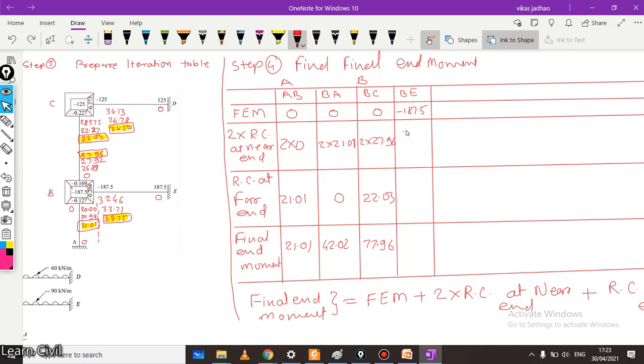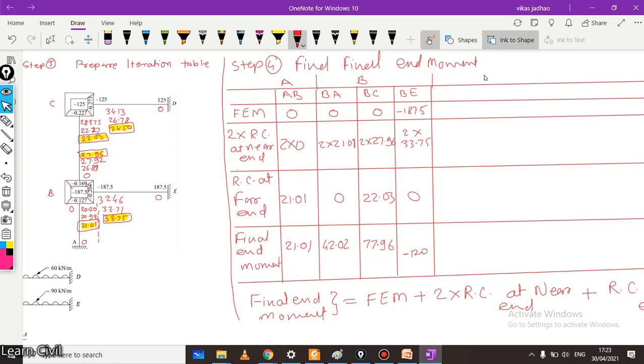So 2 into 33.75. Rotation contribution at far end is 0. So write down this as 0 here, and total final end moment will be sum of this. So we get this is equal to minus 120.